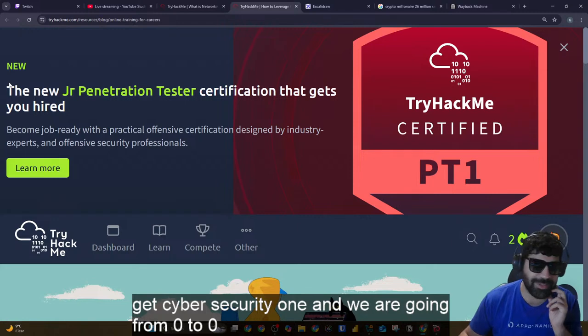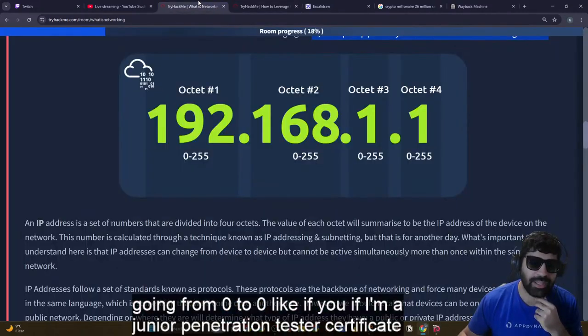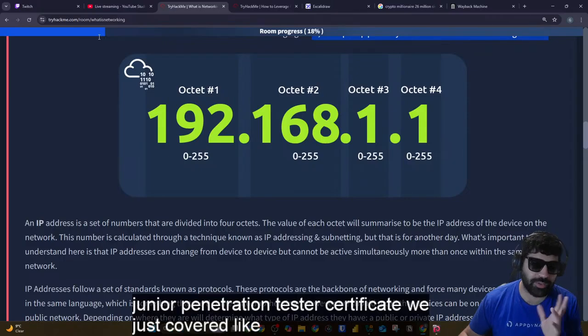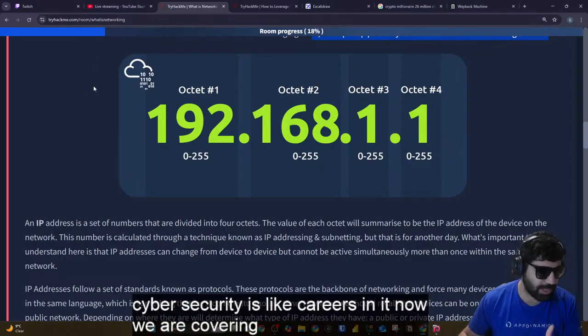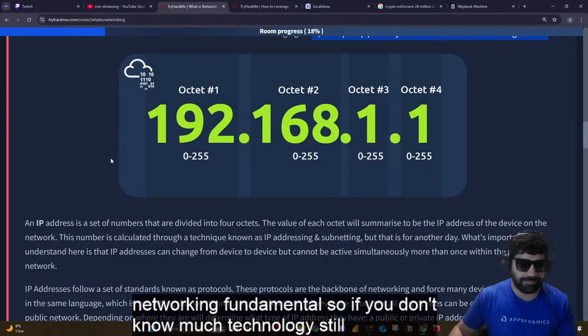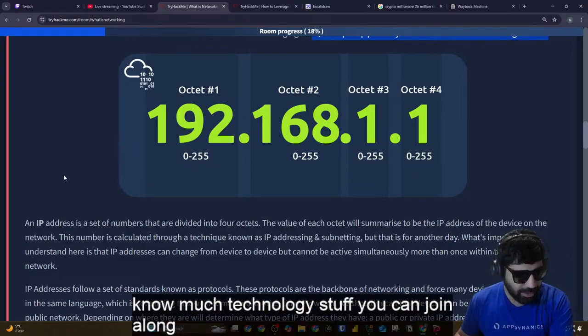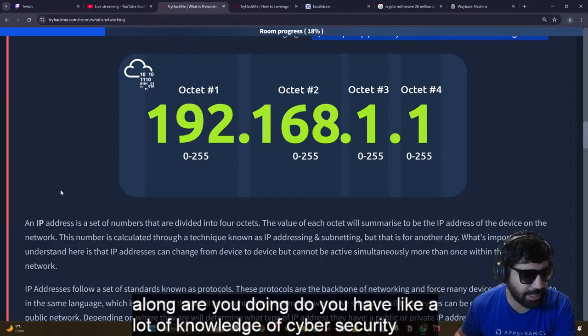We just covered the basics of what cybersecurity is, careers in it. Now we are covering the networking part, very networking fundamental. So if you don't know much technology still, you can join along. How are you doing though? And do you have a lot of knowledge of cybersecurity or IT?